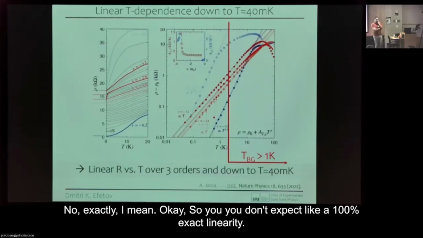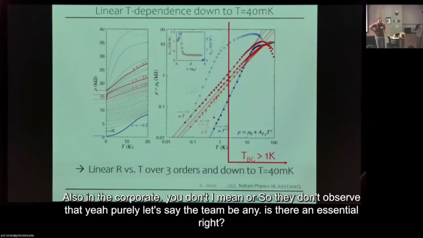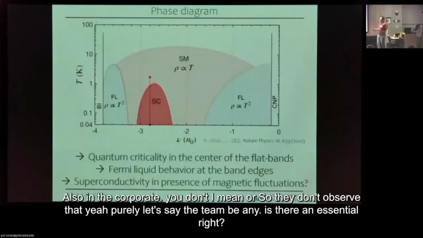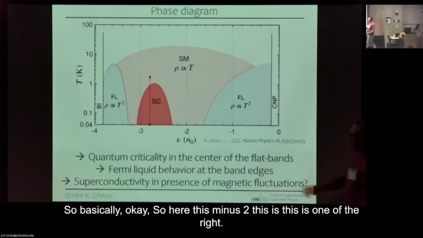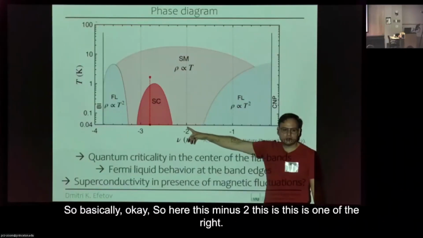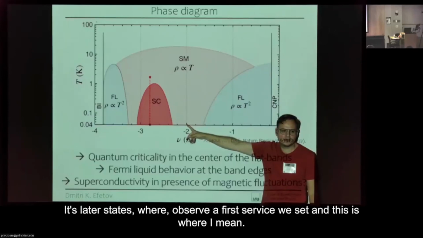Question. The linear behavior is indeed a lot like the pnictides. Is there an associated quantum critical point here that we hypothesize? Right. So here, this is one of the correlated insulator states. This is where we observe a Fermi surface reset, and this is what I talked about for the rest of the talk today.